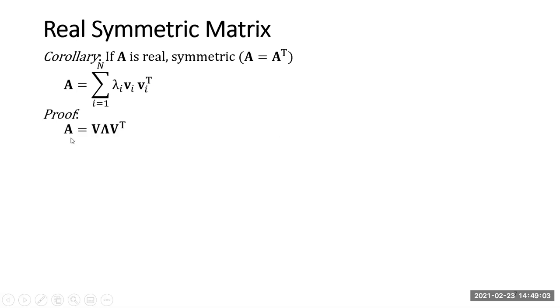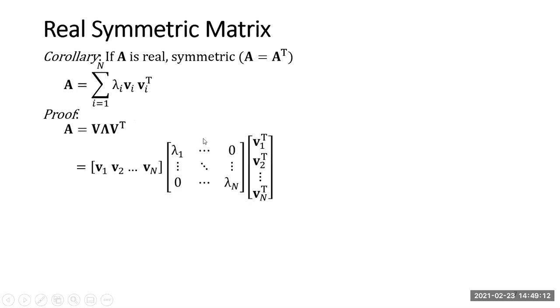Proof. We know that A equals V lambda V transpose. We just saw this expression for symmetric matrices, which is equal to, now V, from our definition, has columns V1, V2 until Vn, and therefore the rows of V transpose are V1 transpose until Vn transpose, and this uppercase lambda matrix is a diagonal matrix of eigenvalues.